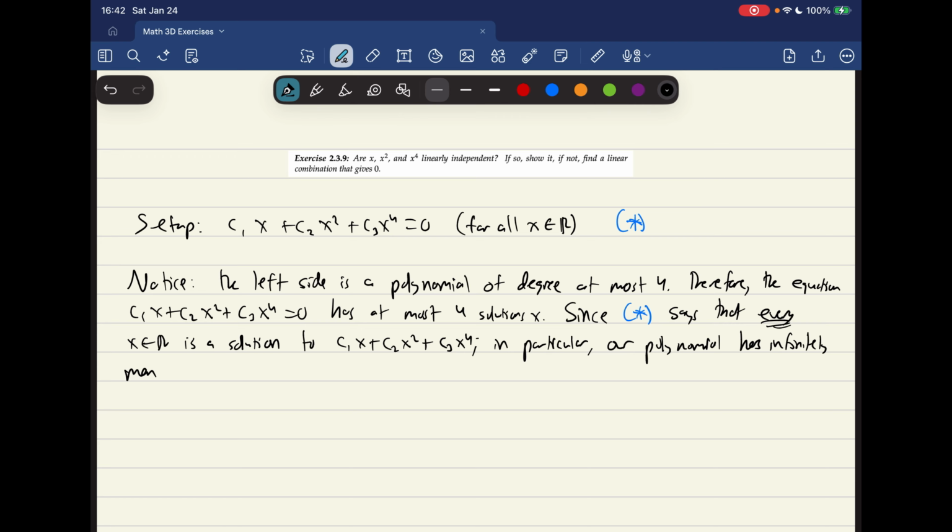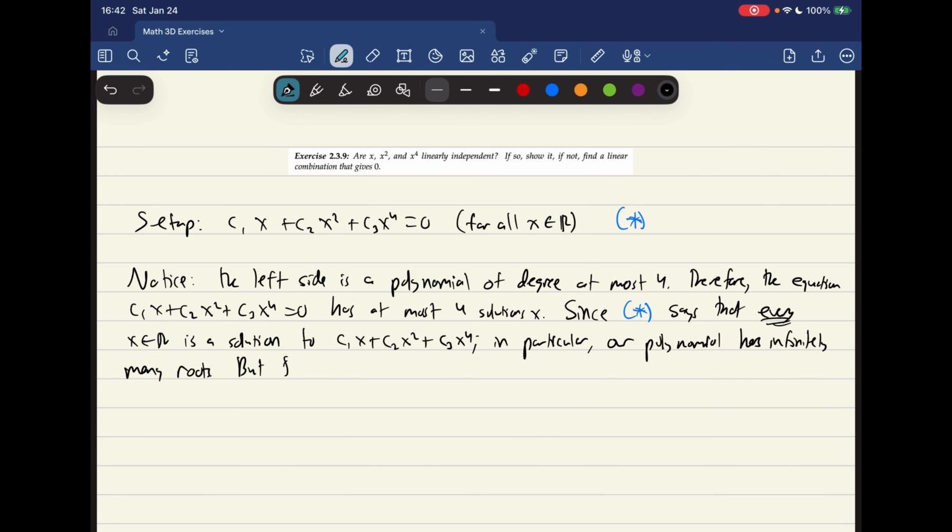But the only polynomial that can have infinitely many roots is the polynomial that's just 0. All of its coefficients are 0. The only polynomial that can have infinitely many roots is the 0 polynomial.